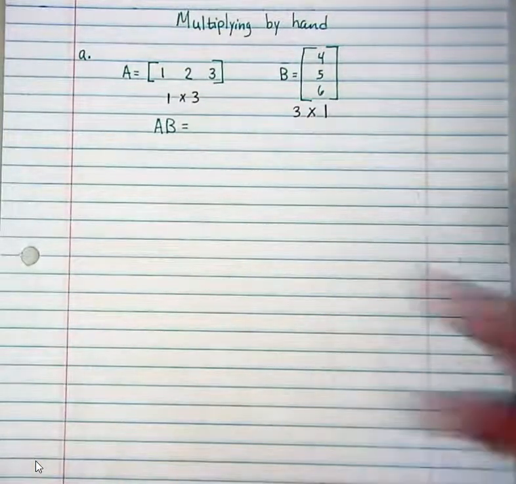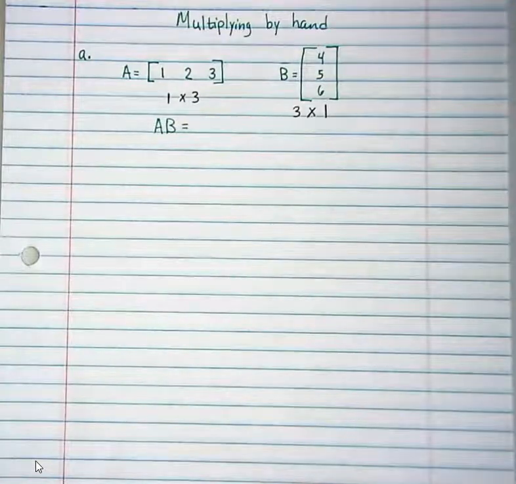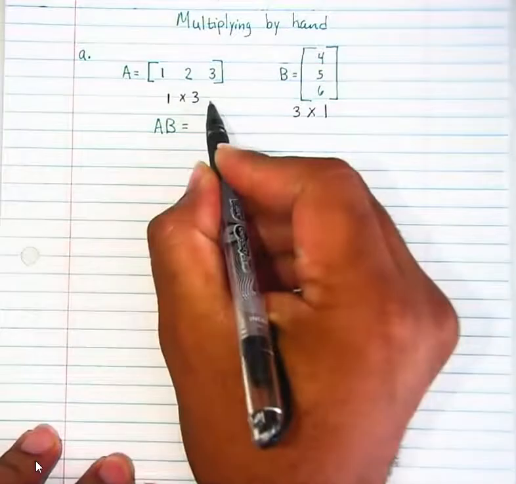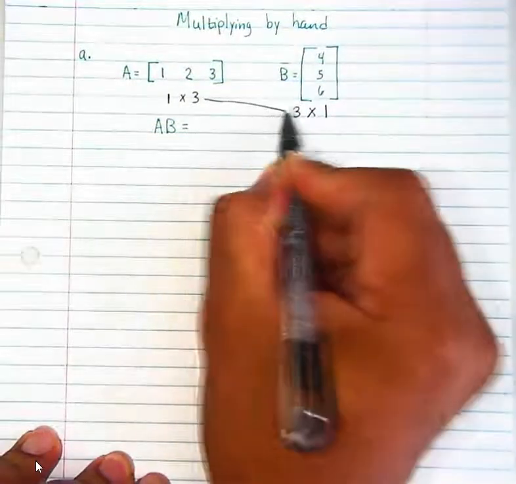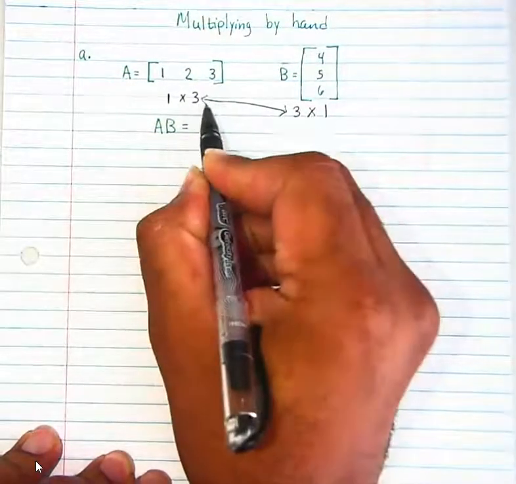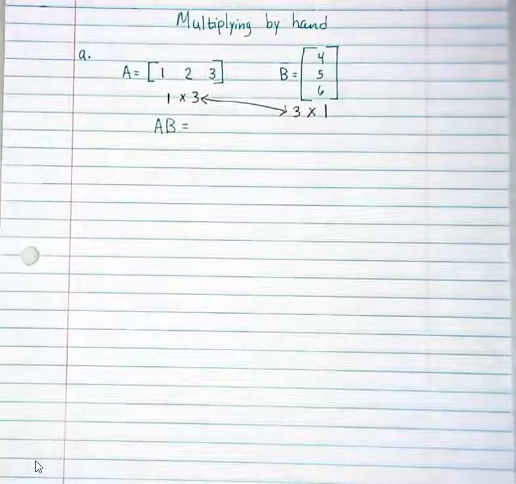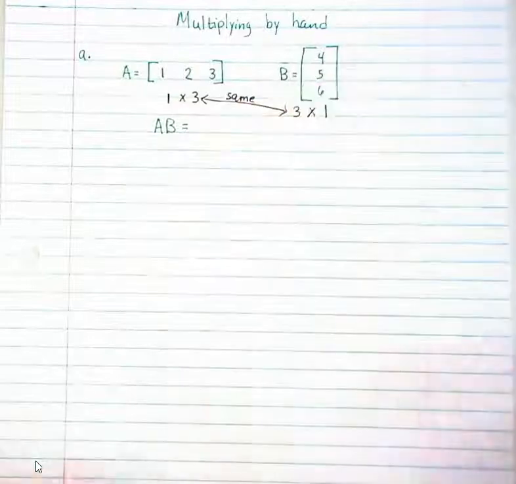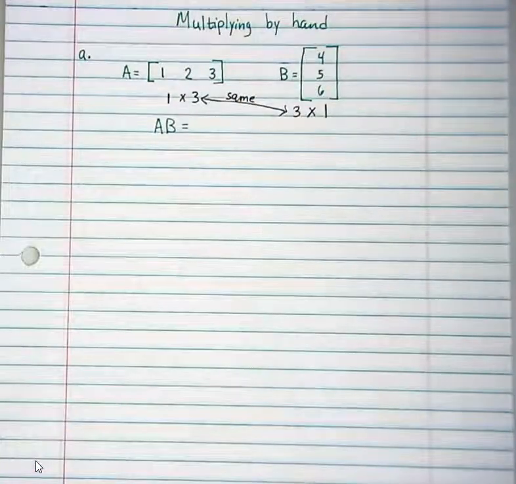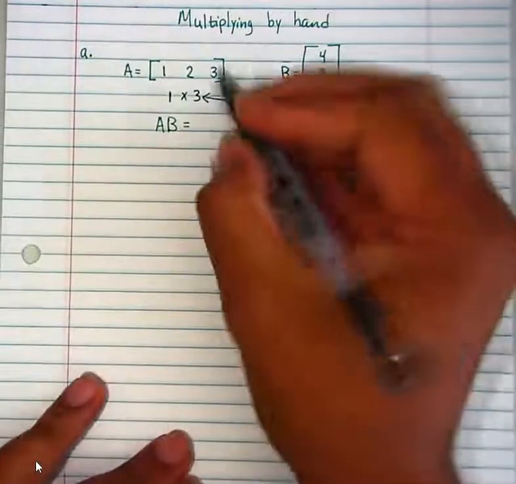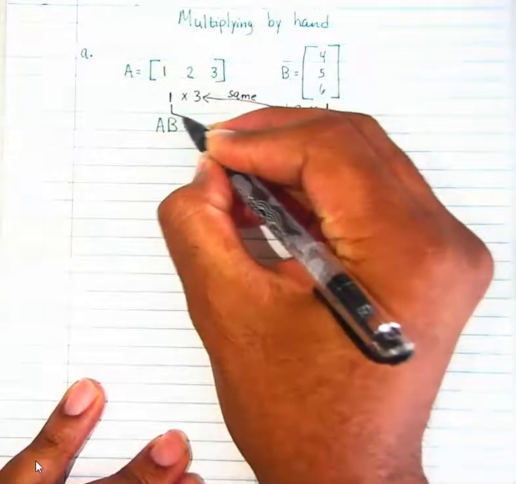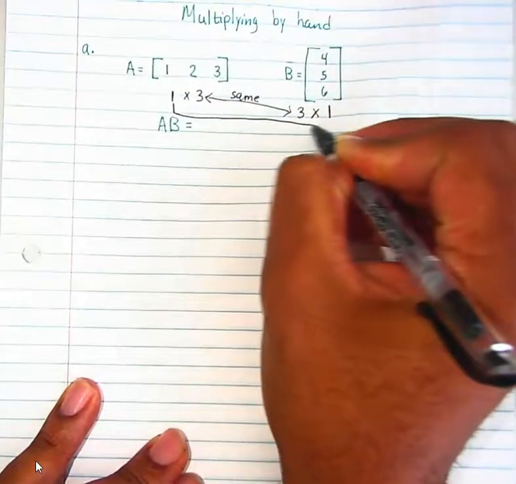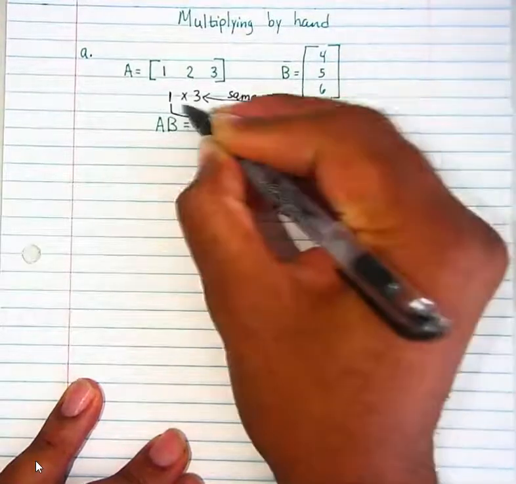Now, in order to be able to multiply these matrices, these two numbers on the inside must be the same number. If they are the same, we can continue working on this problem. We can actually multiply it out. Since they are both 3, the dimensions of our answer matrix will be the parts that are left over.